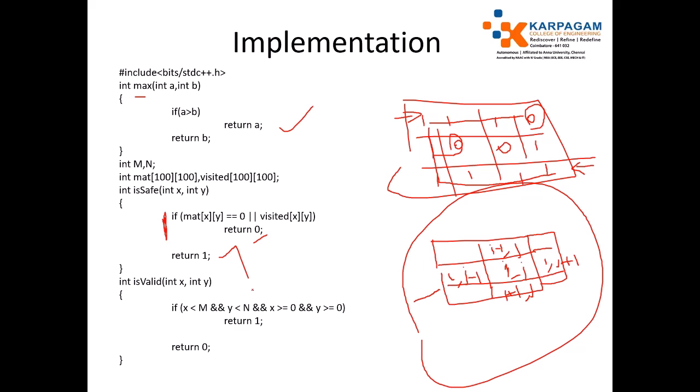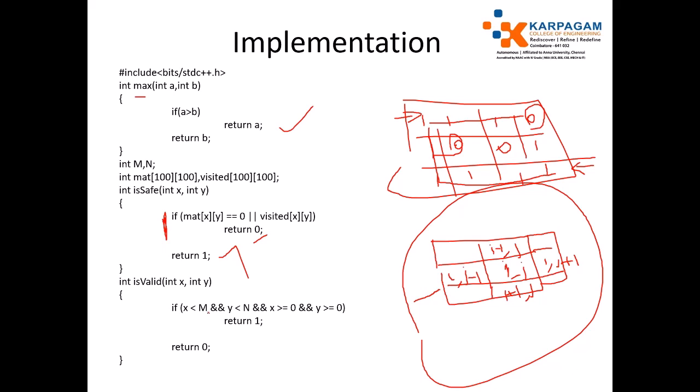And whether we are doing valid operations, for example, moving inside the cell or out of the cells, you can check by using the is valid function, which accepts the x value and y value, that is i, j, row value and column value. If the x value, that is row value, is less than m, and also the y value is less than n, it is inside the boundary.